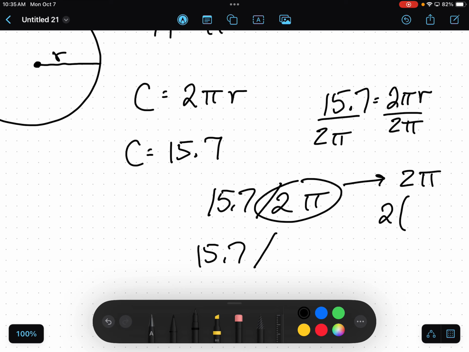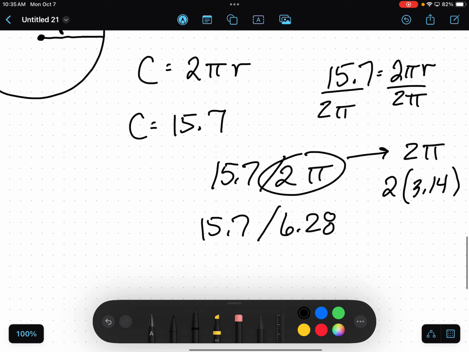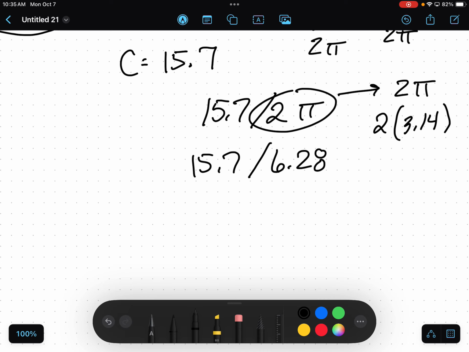So 2 times 3.14, which is 6.28. If you're using your phone calculators, that's what I would do if I were you. Because if you just do 15.7 divided by 2 pi, it's going to take 15.7 divided by 2, get a number, and then times it by pi. And that would be a big number that's not our answer. So be careful. If you're dividing by 2 pi, do 2 times 3.14 first, and then take that number divided by that 6.28. Okay? Is everybody okay with that?